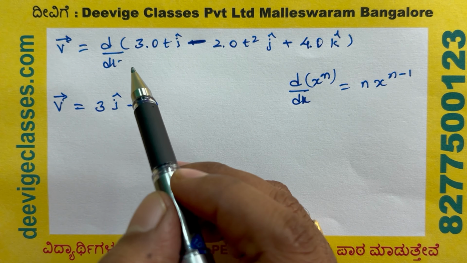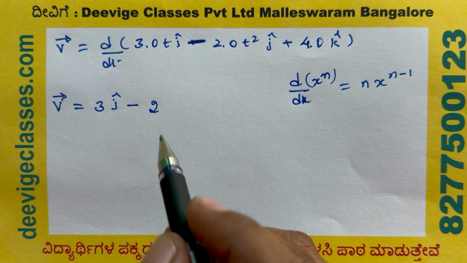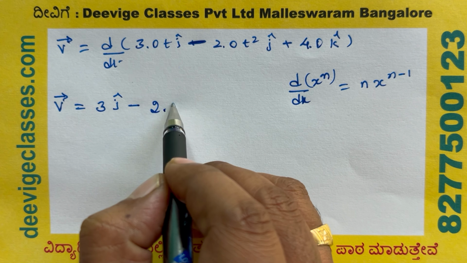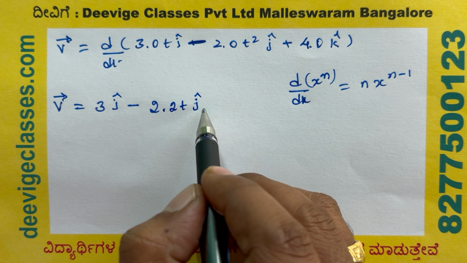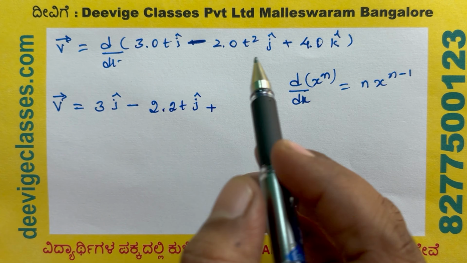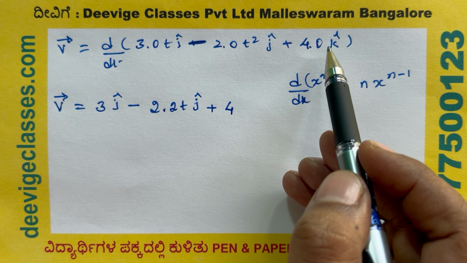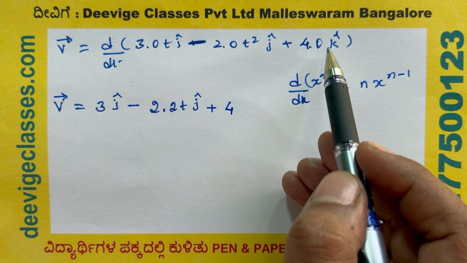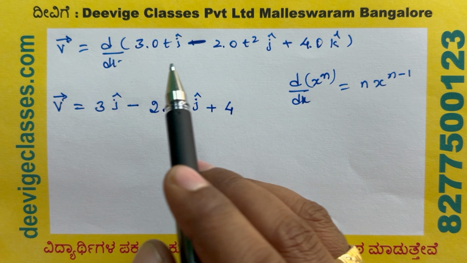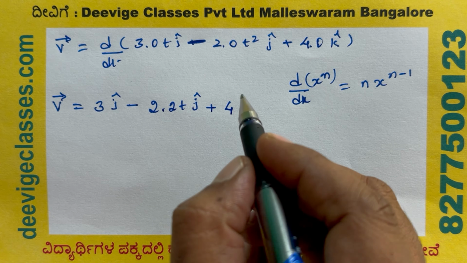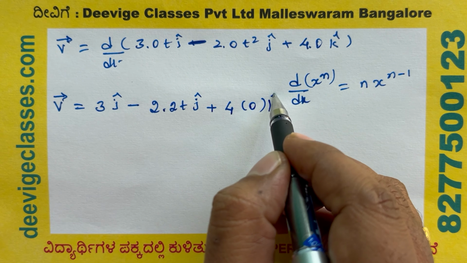Differentiation of t square with respect to t, how much is it? 2t. So let us write that 2 into 2t into j cap. So plus differentiation of 4, a constant. Keep it as it is. No variable term is there. If there is no variable term, the differentiation with respect to t of a constant is 0. So 0 into k cap.